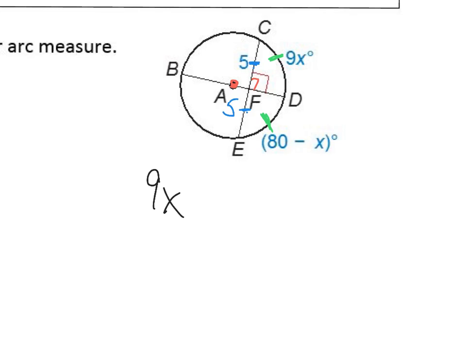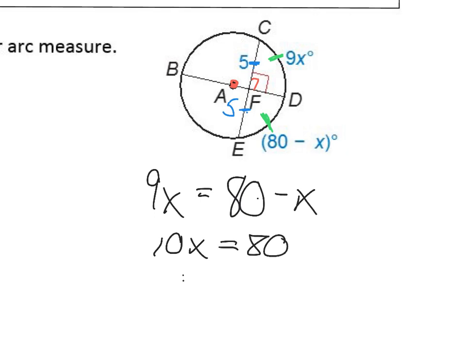I know that if arc CD is congruent to arc DE, then 9x equals 80 minus x, which leads me to 10x equals 80, which tells me that x equals 8. And if x is 8, that means that arc CD is 72 and arc DE is 72.